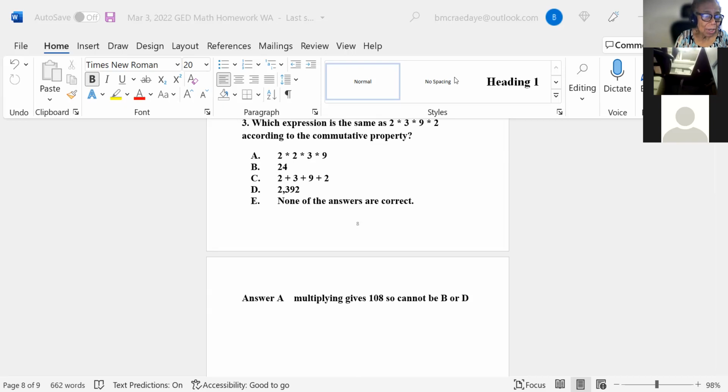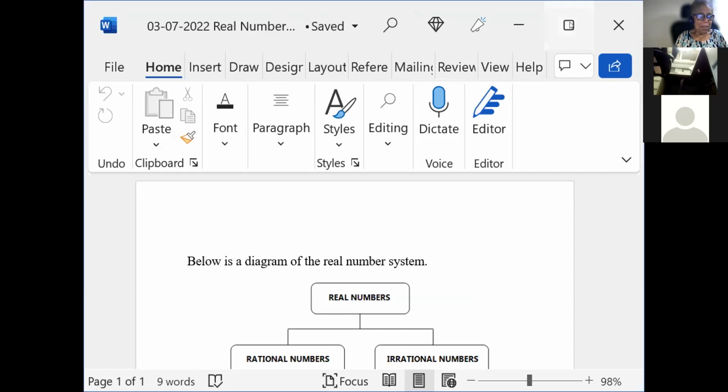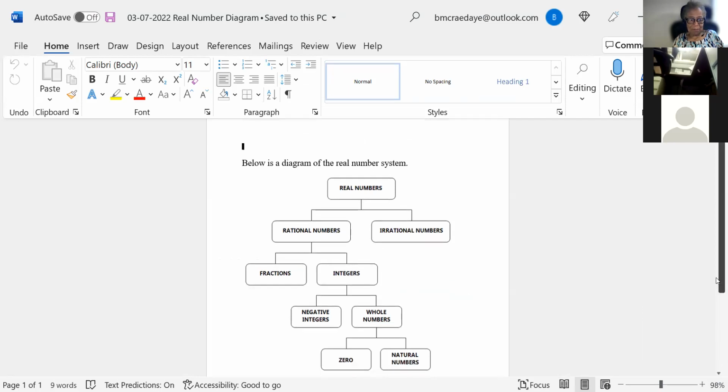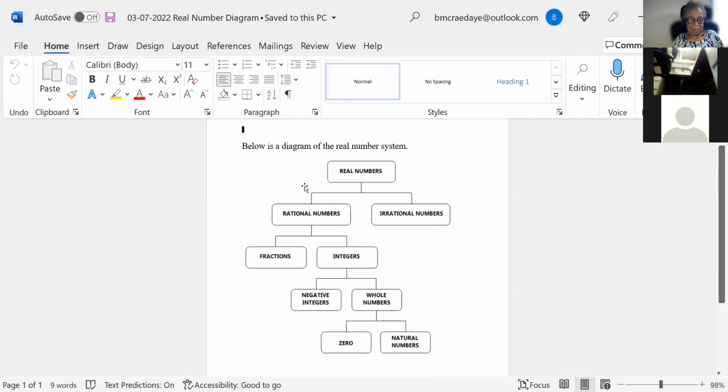Now let me just go to, I think I put it up. Okay. Remember when we did the real number diagram? Can you see it? We had fractions in there, right?